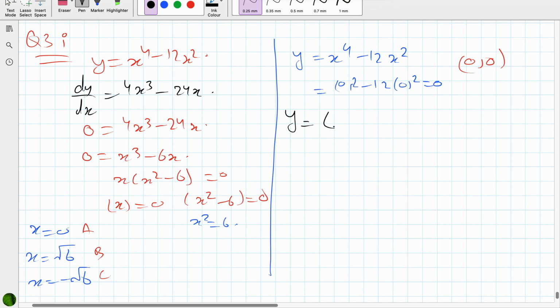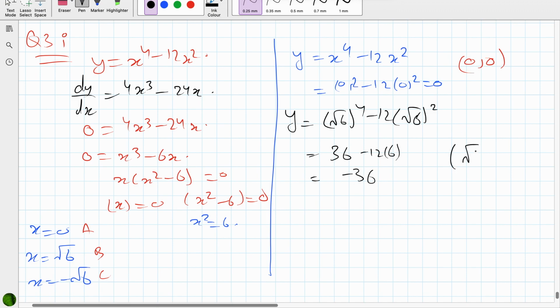Second, when x is square root 6, power 4 minus 12 square root 6 power 2. 6 square is 36 minus 12 into 6. So 36 minus 12 into 6 is negative 36.